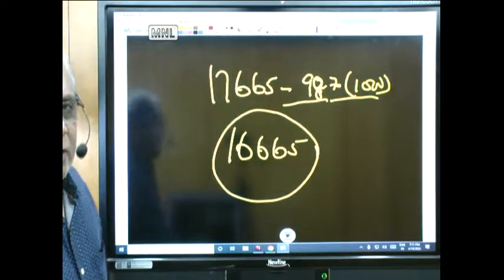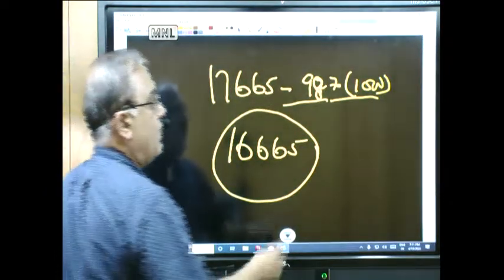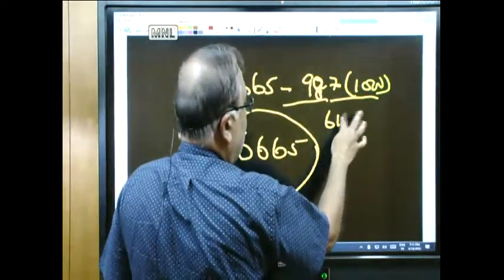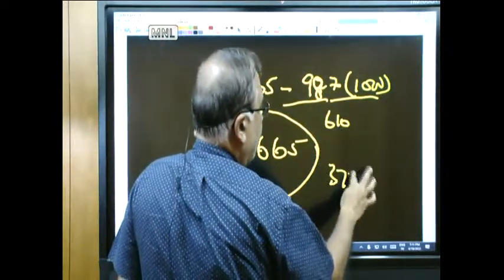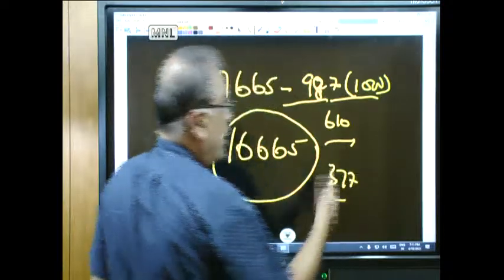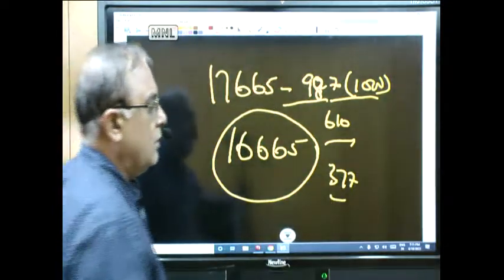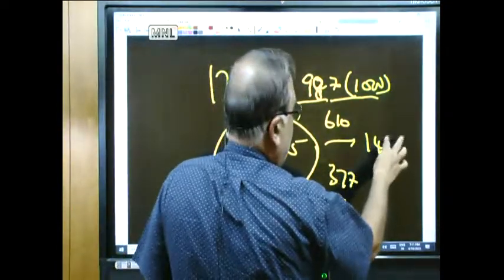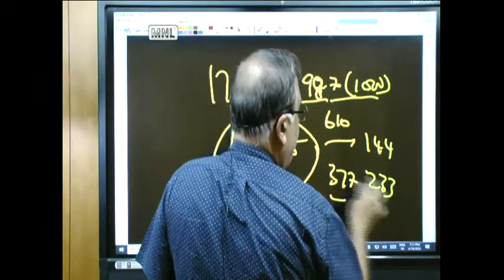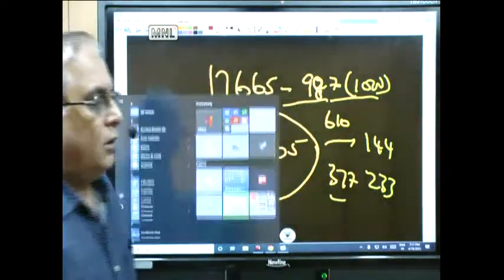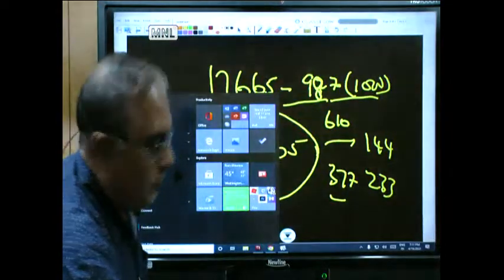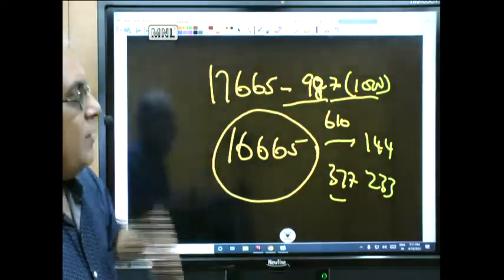But should it go directly to that? Not necessarily, because from 610 you have got 377 added. But there could be other numbers which can be added, like 144, 233 and all, before this 377. So the supports that will come right now will be 17,060 minus 144.